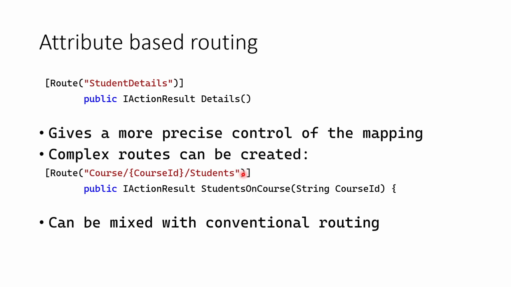This is probably more common when you're using APIs than when you're using regular Razor pages. But still, if you want this way of writing your URL, you can write this route like this with attribute-based routing, but you cannot do that with conventional-based routing.